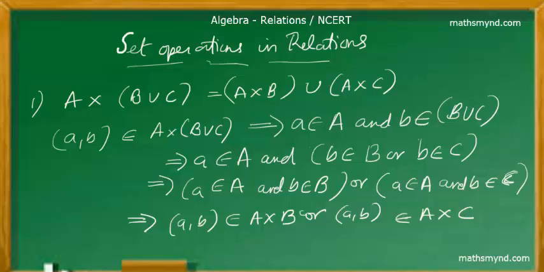So let us start with a relatively simple case, that is A × (B ∪ C) is equal to (A × B) ∪ (A × C). As I already told, we are taking an arbitrary ordered pair instead of an element, and suppose the ordered pair is (a, b).